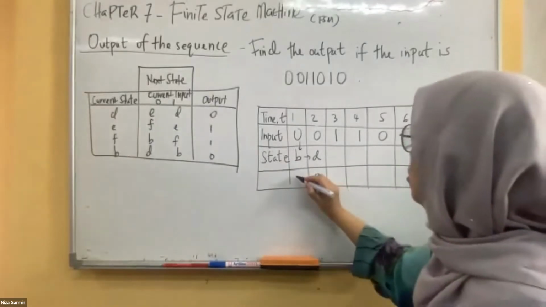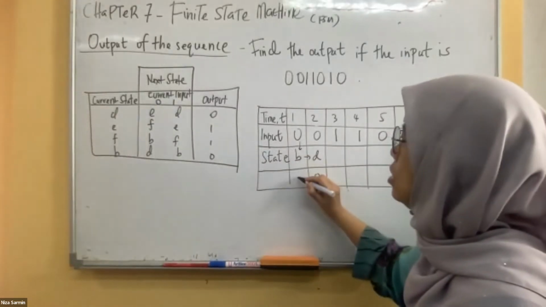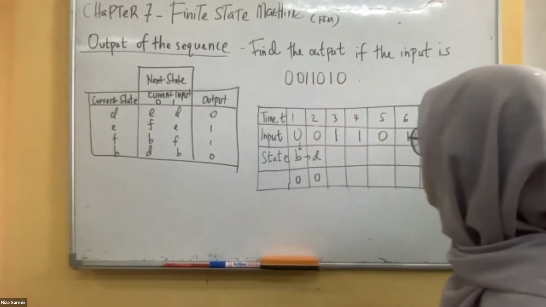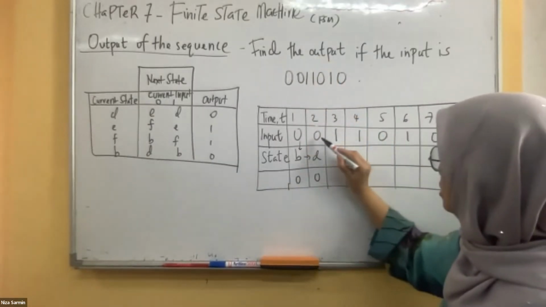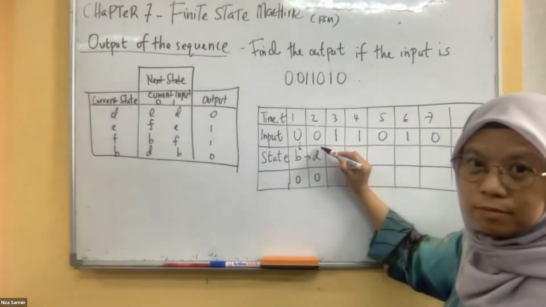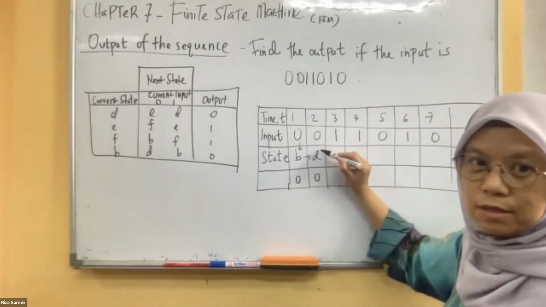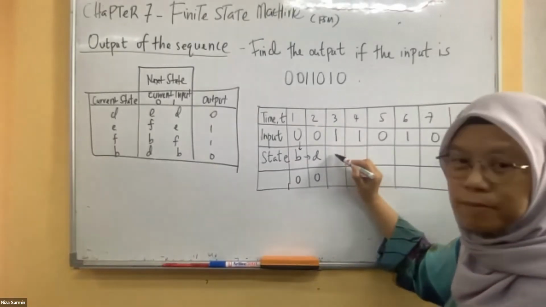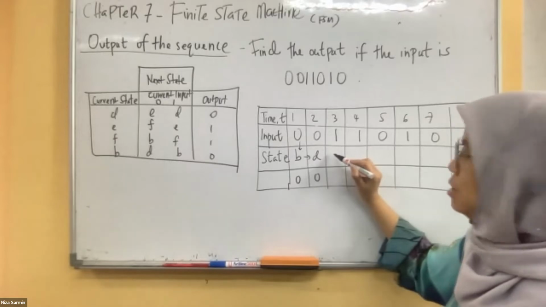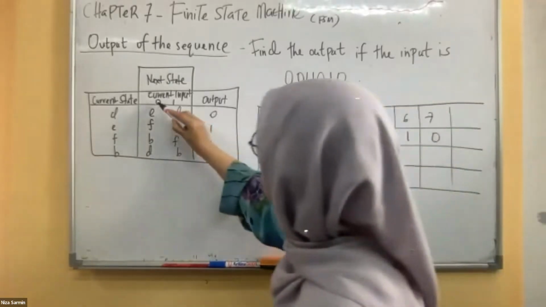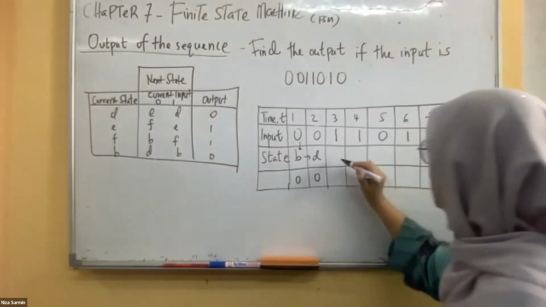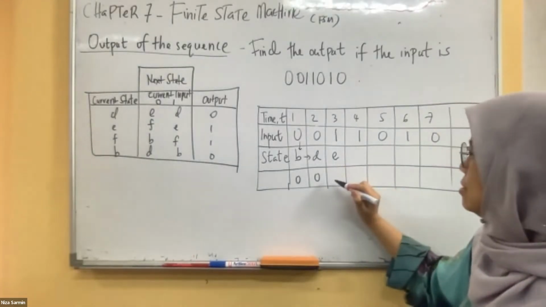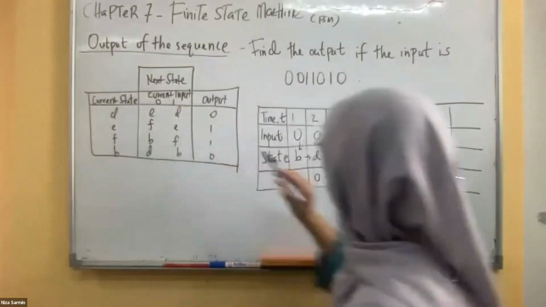If you want to put output here, B, the output is 0, because you want to find the output. Then next is 0D. What do I put here? 0D is E, and the output is 1.